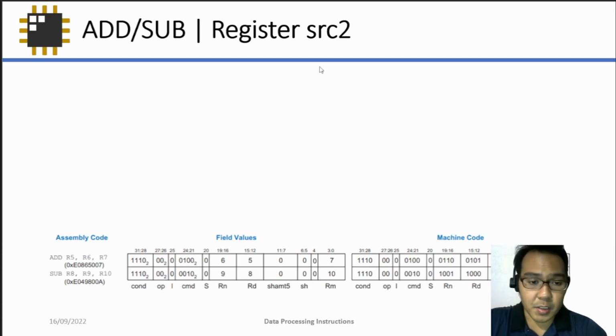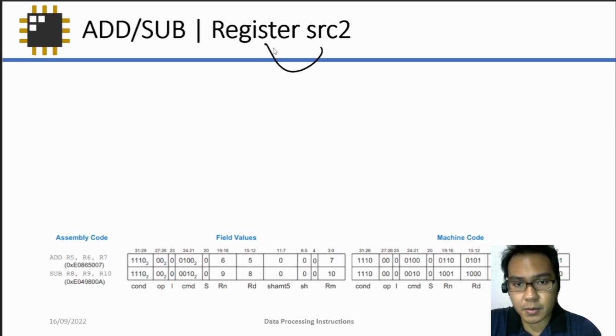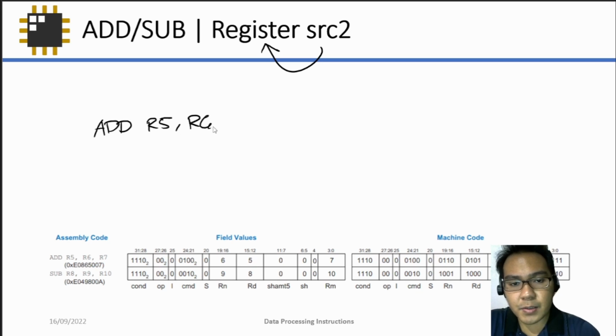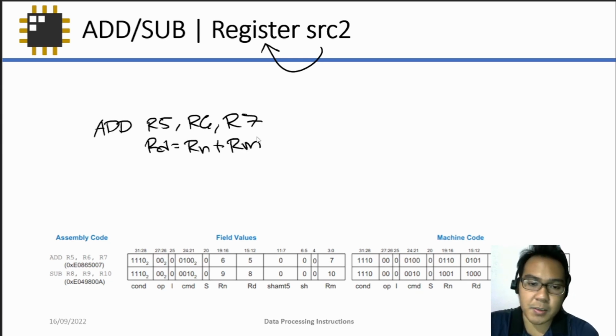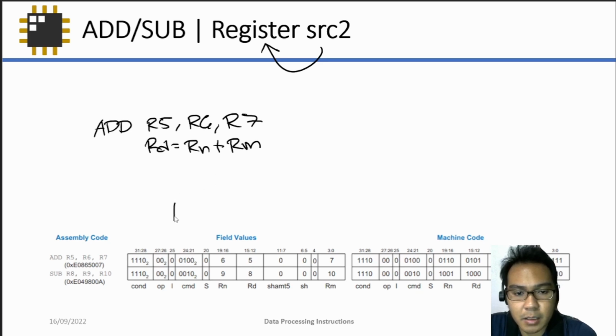Okay, so next, let's look at a few examples of data processing instructions. If source 2 is a register, in this case we have ADD R5, R6, R7. We know that this is RD equals RN plus RM, so it's register addressing. From that, we can infer that I is 0. It's not immediate. It's an add instruction, so that's 0100.